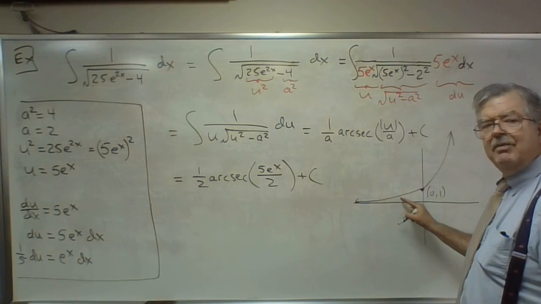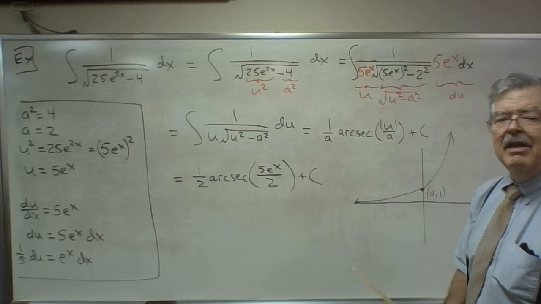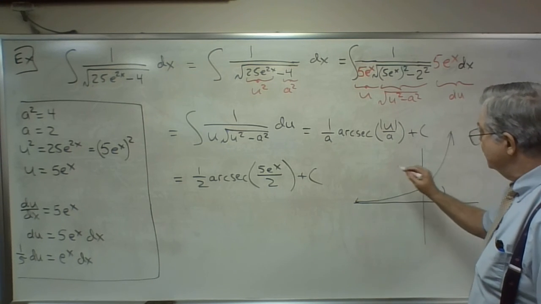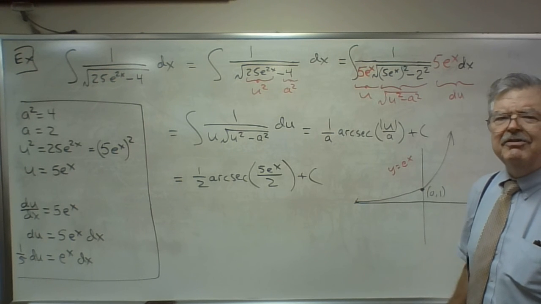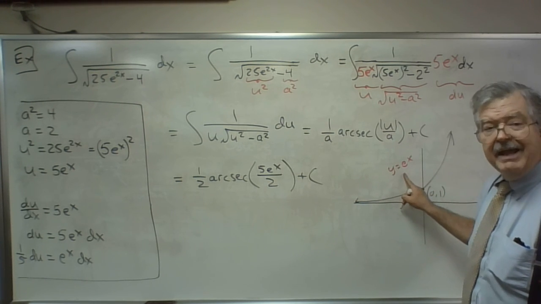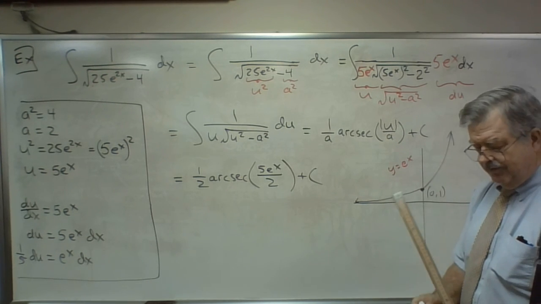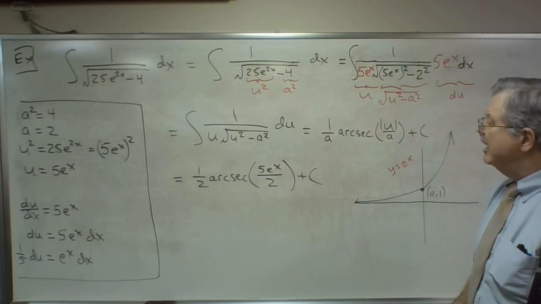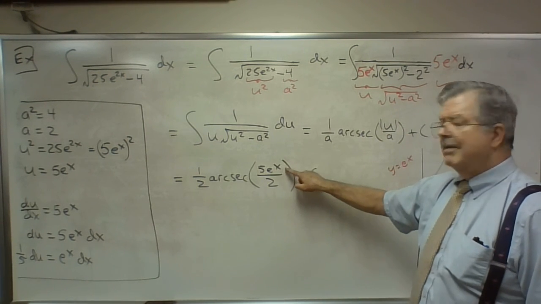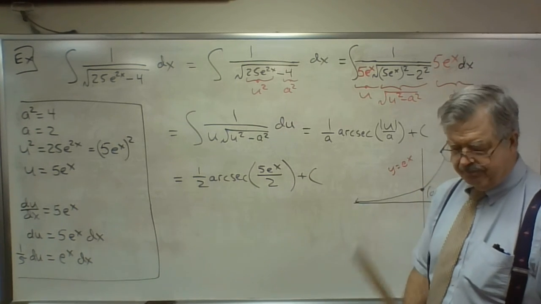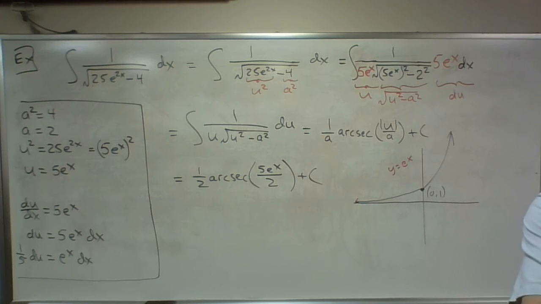It's asymptotic with the x-axis, but it never actually touches the x-axis, which means y equals e to the x can never be 0. It can never be negative. The graph of e to the x lies above the x-axis. e to the x is always positive. So I don't need these absolute value bars at all. Now let me just summarize our result.